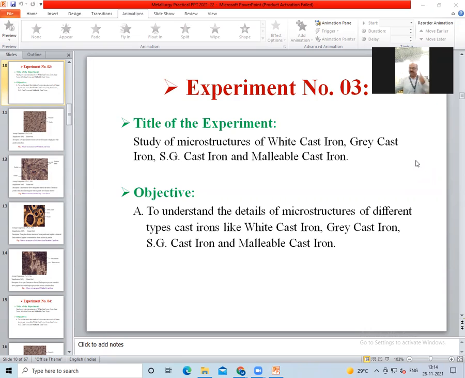Then EN series or British standard, BS standard. GOST standard, Russian. JIS standard, Japanese. SAE or AISI, American standard. So initially by chemical analysis, we have to justify which standard this material belongs to. And in that standard, what is the category? It may come under through hardening or case hardening, depending upon the heat treatments.